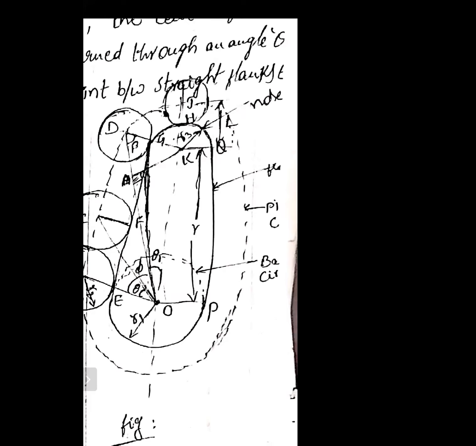The gap between our nose center and the pole center is small l. So the notations are given in our diagram. Now going to see a roller that has contact with the straight flank, as shown here.